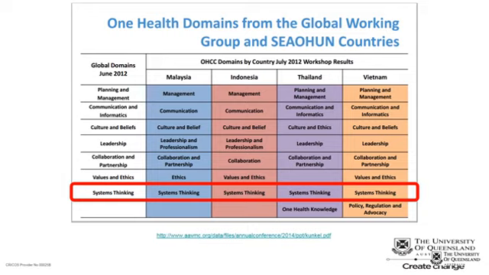Systems thinking is also not foreign to the discussion around One Health, and this paper that was presented by a group that did a series of extensive consultations have identified that systems thinking is one of the key domains of competency required for a person who chooses to work in One Health.